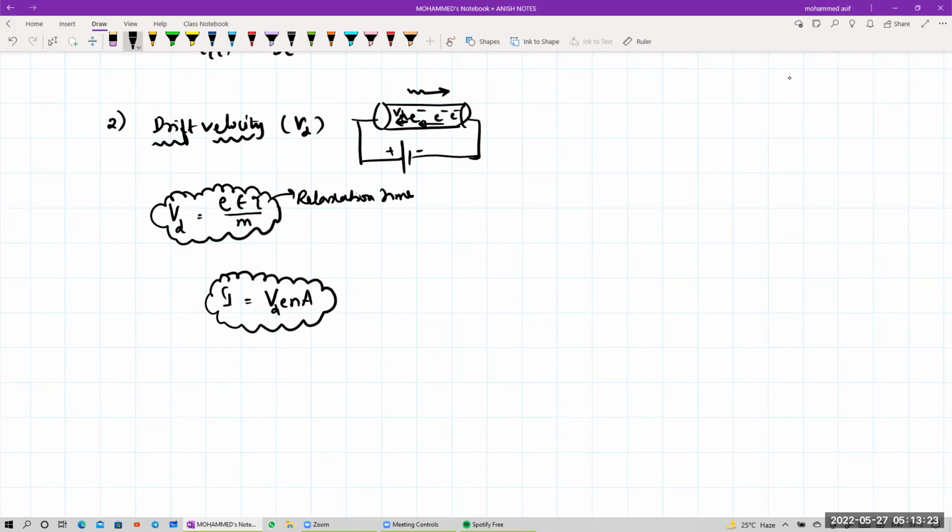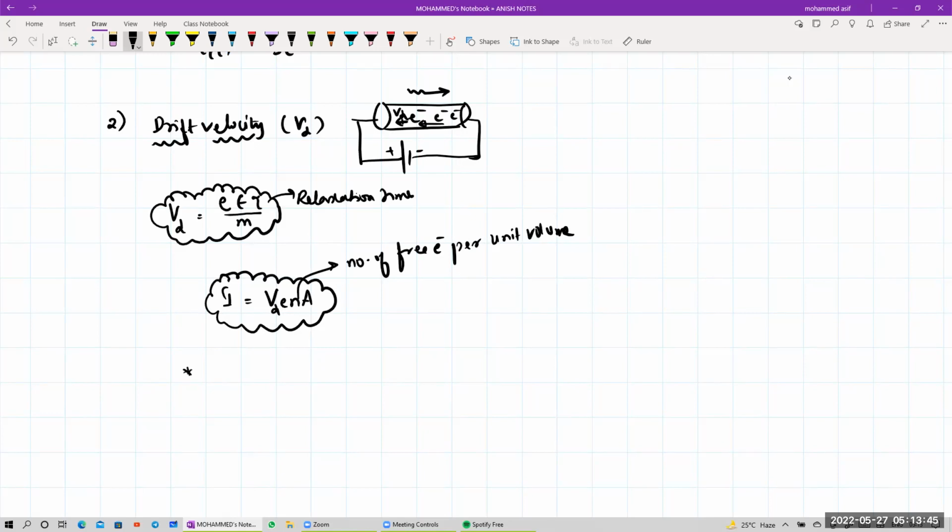Vd is your drift velocity, e is your charge of electron, and n is the number of free electrons per unit volume. Very important formulas, beta. As usual, go through it in the physical.